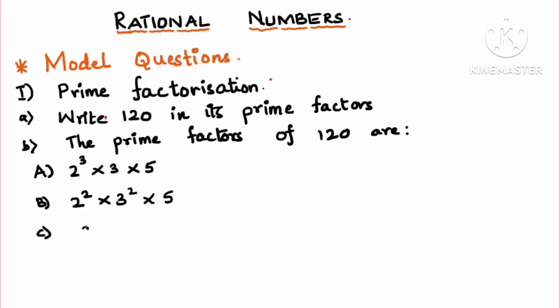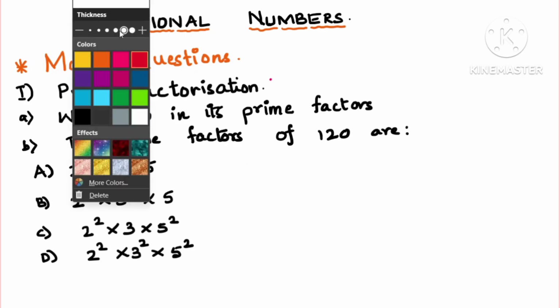Option C is 2 raised to 2 into 3 into 5 raised to 2, and option D is 2 raised to 2 into 3 raised to 2 into 5 raised to 2. Unless you know the method to find the prime factors, you cannot guess the answer here.